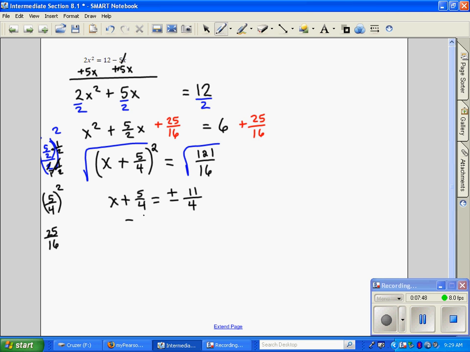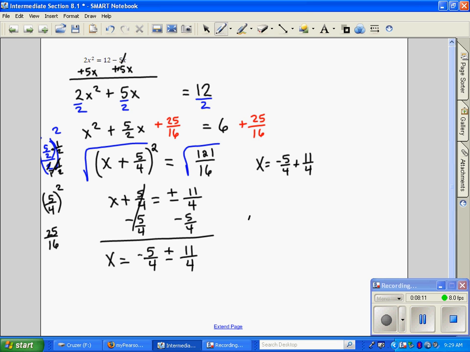So now we want to get x by itself. Subtract 5 fourths from both sides. x equals negative 5 fourths plus or minus 11 fourths. Now because I have common denominators and it can simplify, I'm going to break that down. It's going to be x equals negative 5 fourths plus 11 fourths.